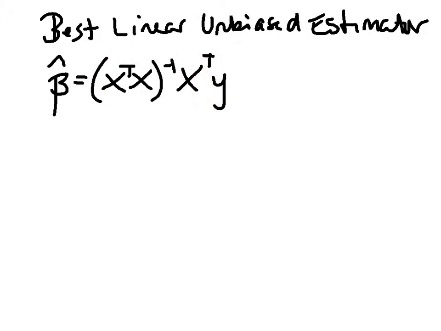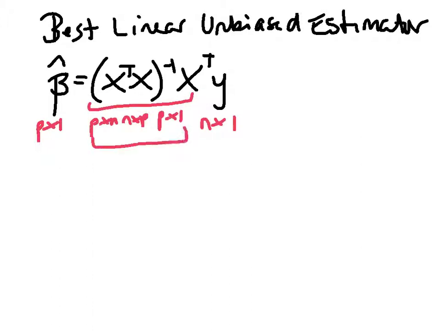This is a realization of a random variable. And if we have a quick look at what's going on here, we have a p by 1 vector. We have here an n by 1 vector. So this part here is actually p by n, n by p, p by 1. So this is basically a p by 1 matrix.